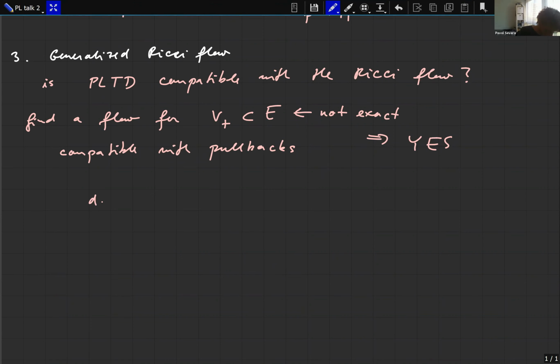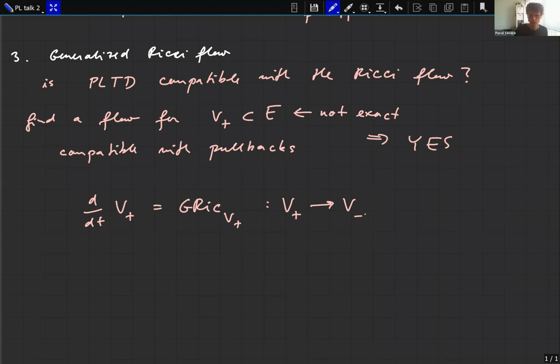So there would be an equation. I write it slightly schematically. How does V plus move inside of E? There should be some generalized Ricci of V plus, and that should be a map going from V plus to V minus.